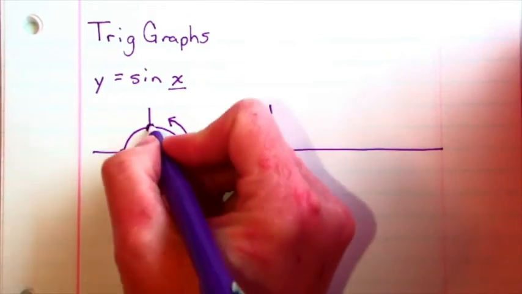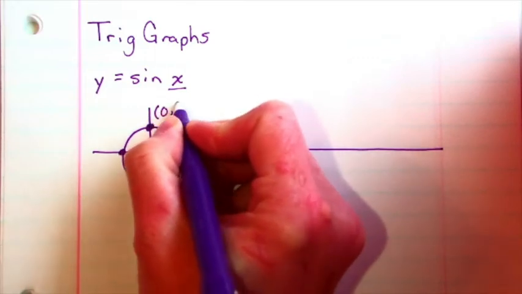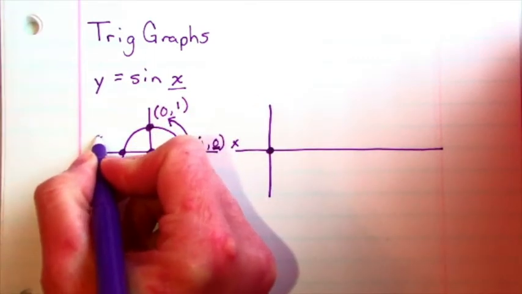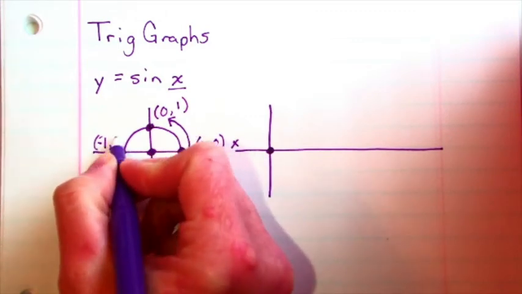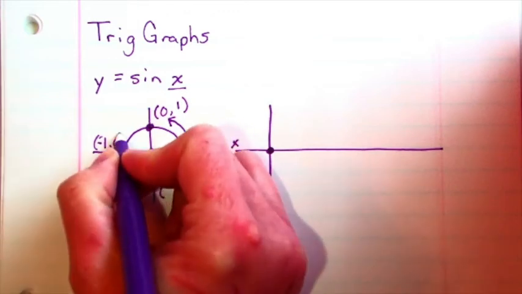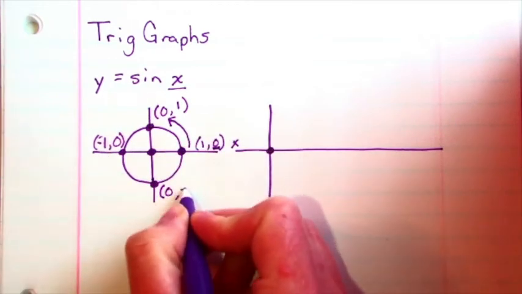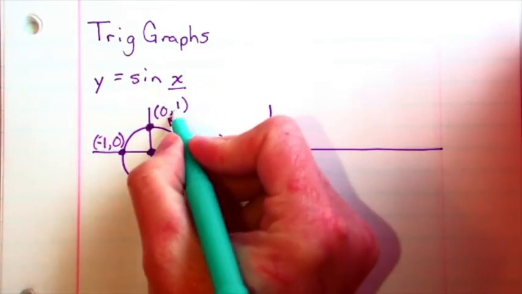So we know that the ordered pair here is 0, 1. The ordered pair here, -1, 0, and then the ordered pair here, 0, -1. Now, the sine values for those points are always the y value.